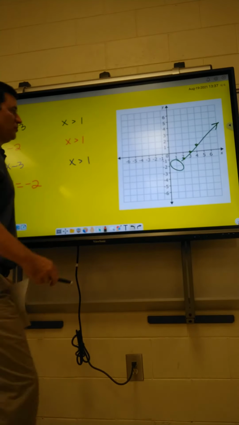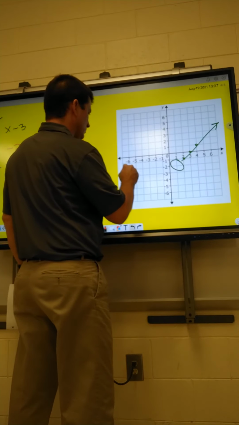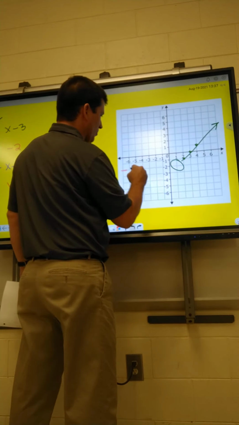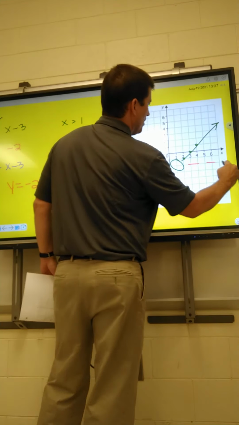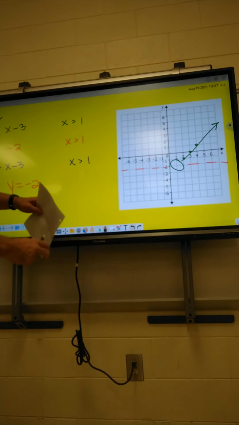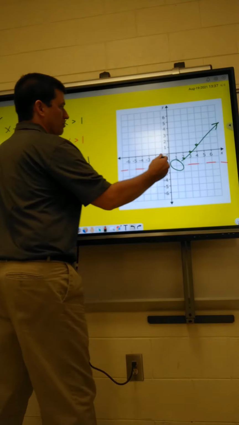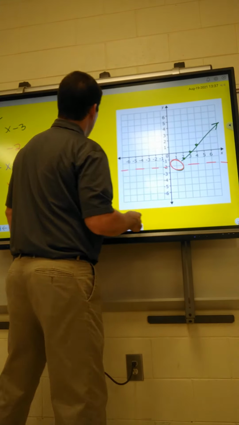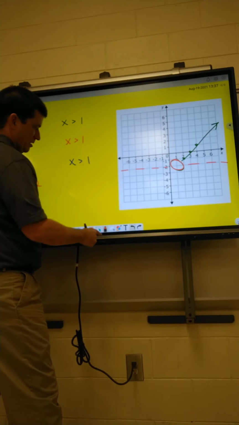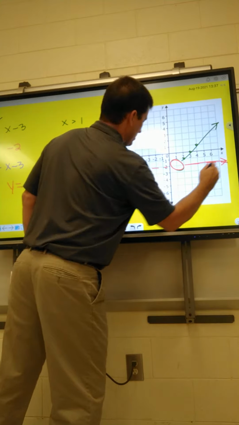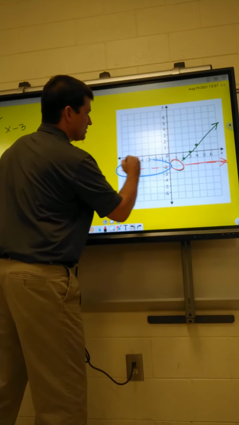All right, y equals -2 would be a line all the way across here. I'm going to draw it dotted because we're going to have to erase some of it, but that would be your line. Go to 1 with an open circle, already there. Keep that side. All right, so draw the line, erase the left side.